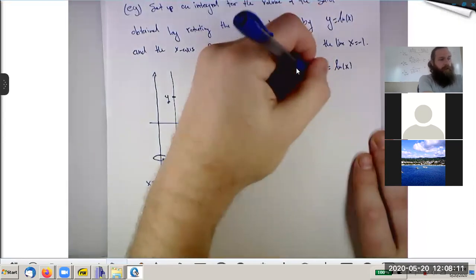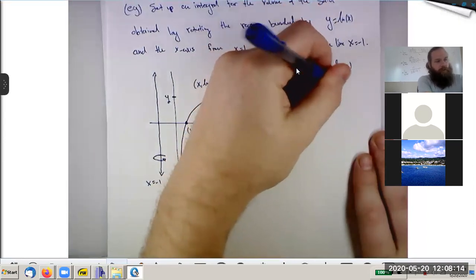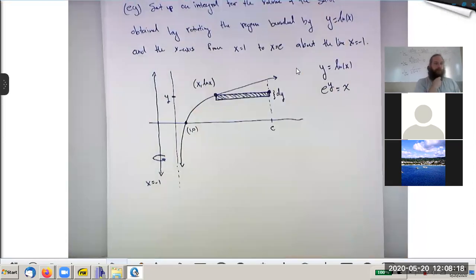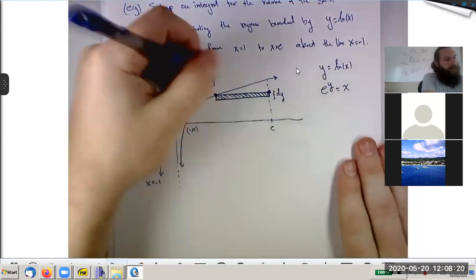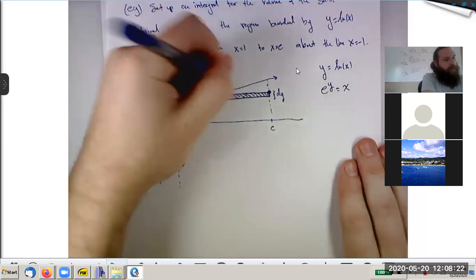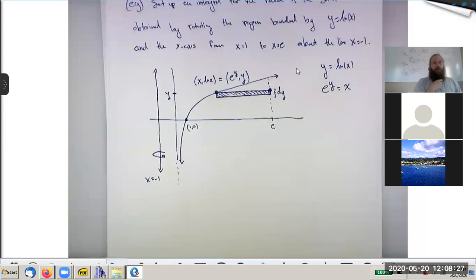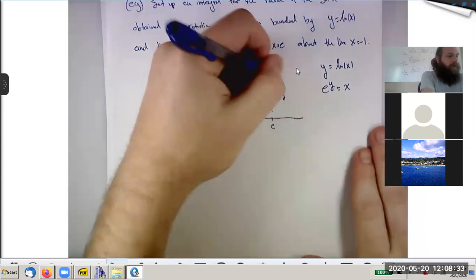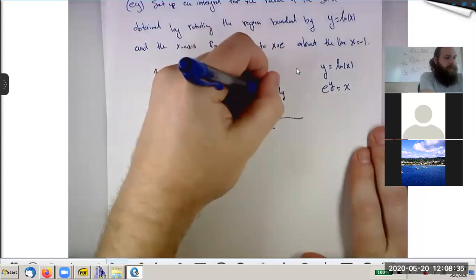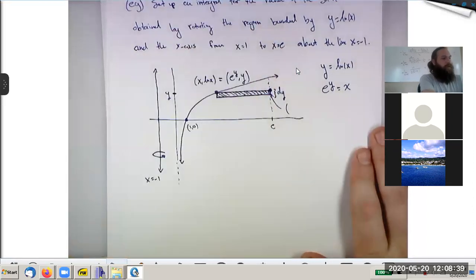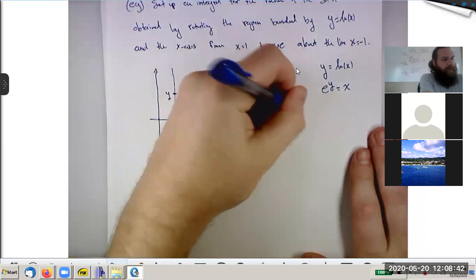If you exponentiate on both sides, that's the same as saying e to the y equals x. So this point I can think of as (e to the y, y) instead of (x, ln x). And this point over here, he's along the vertical line x equals e, so he is at (e, y).